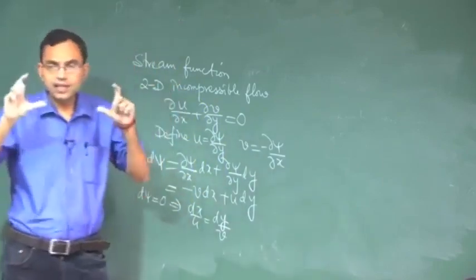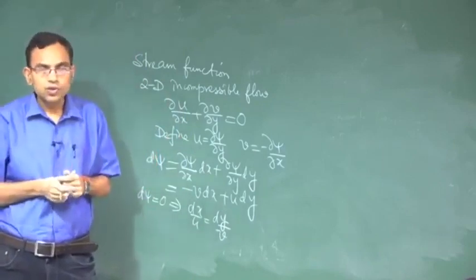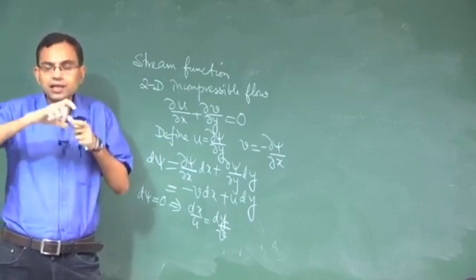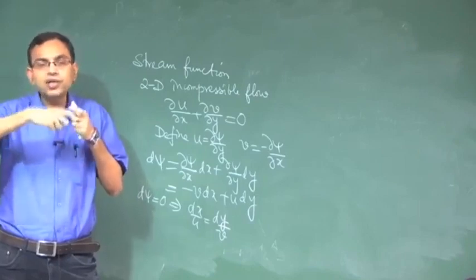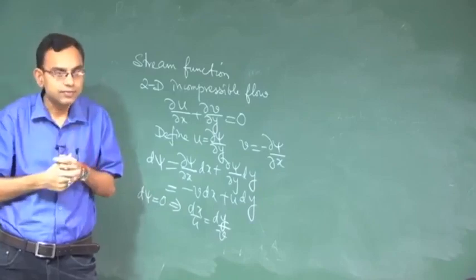Now this again creates a confusion in the mind of a student. The student interprets it in a little bit of convoluted way, that a streamline always means a constant stream function line.